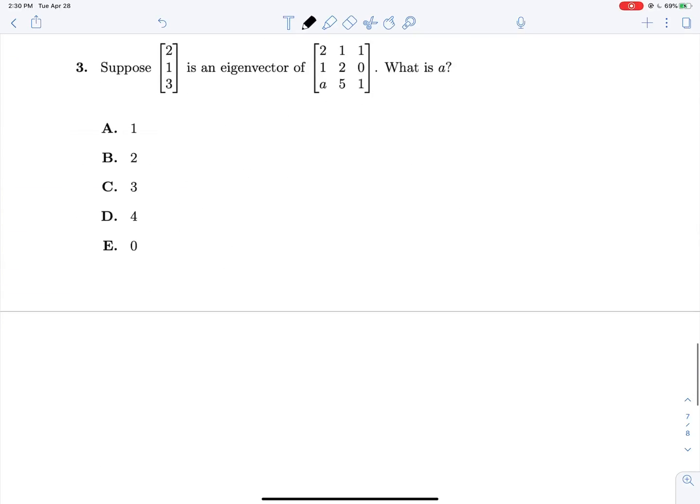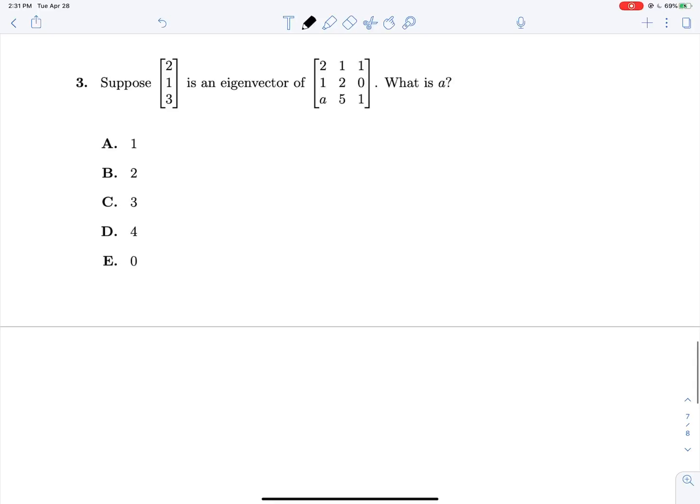And finally, suppose that (2, 1, 3) is an eigenvector of that matrix right there. What is A? So we can do the same thing.